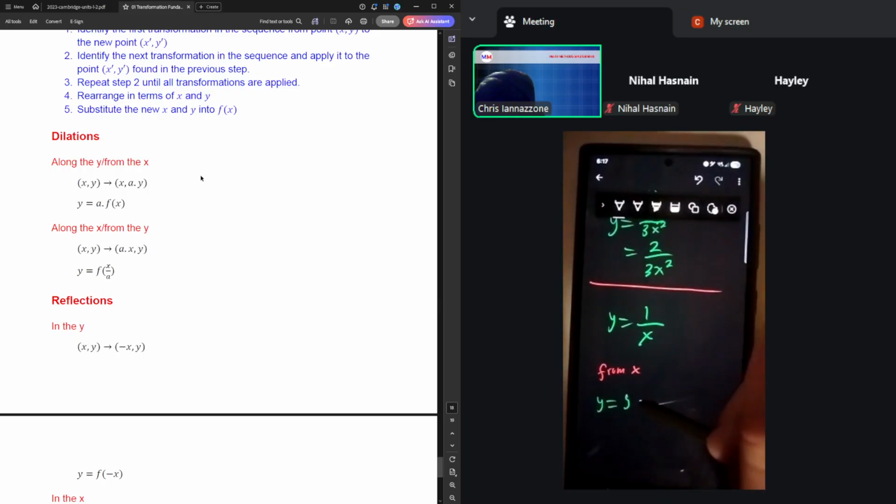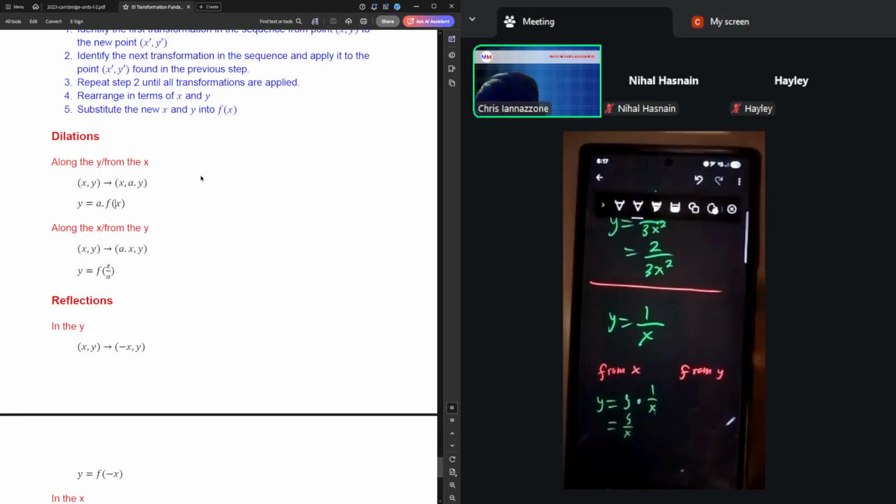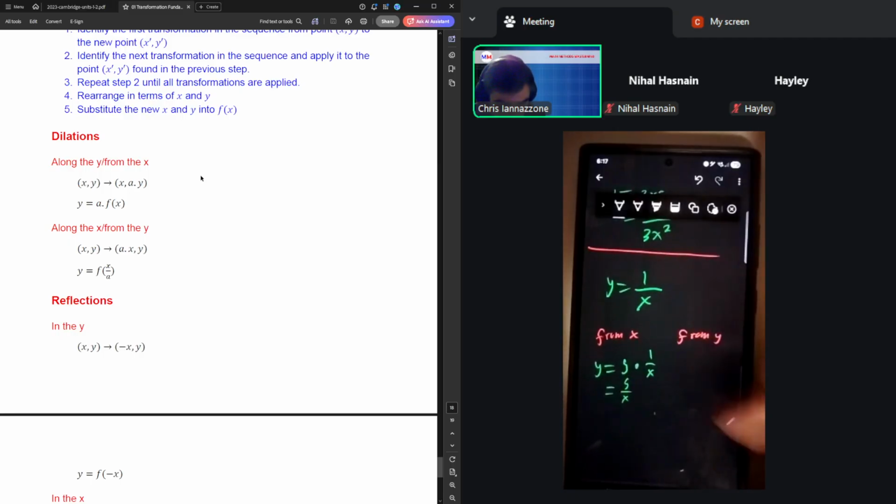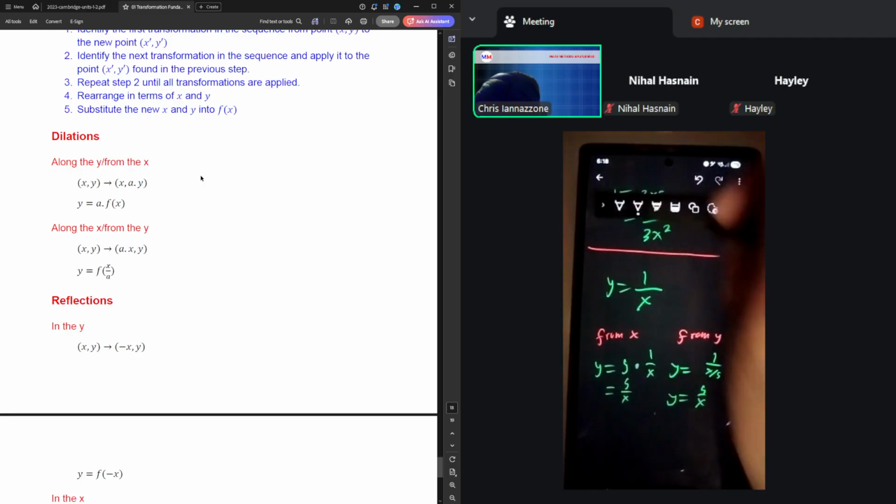So it's 5 times 1 over X, or in other words, 5 over X. If it's from Y, then it's replacing this X with the division of that factor. So 1 over X, where X is now X over 5. Now, funnily enough, for this particular function, they're the exact same thing.